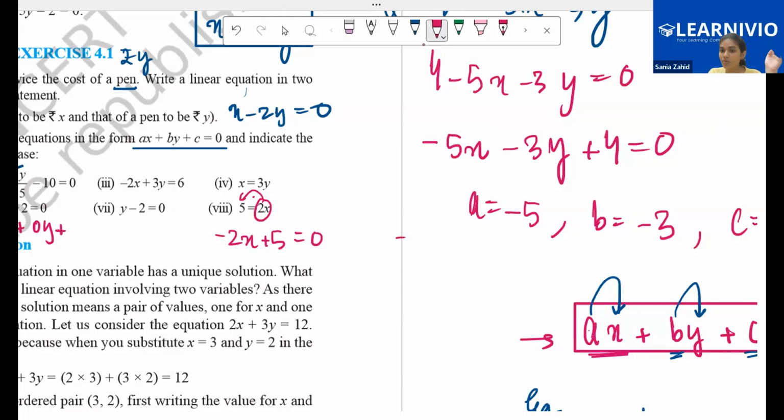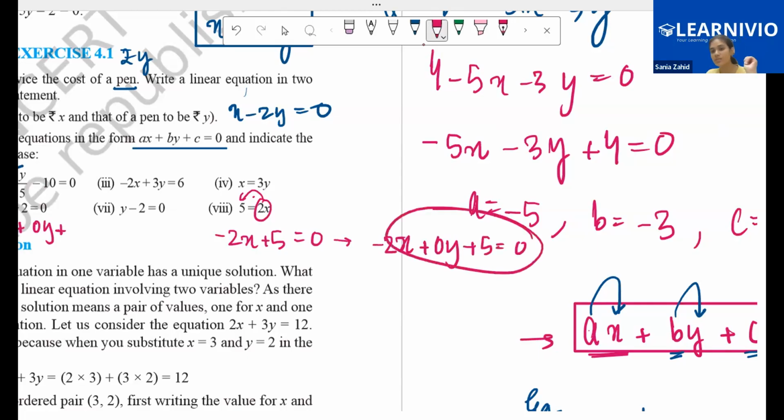But this is not in two variables. I want to make it in two variables. So what will I do? I will add 0y. So let's write it as minus 2x plus 0y plus 5 equals 0. Now is it fine? Yeah.